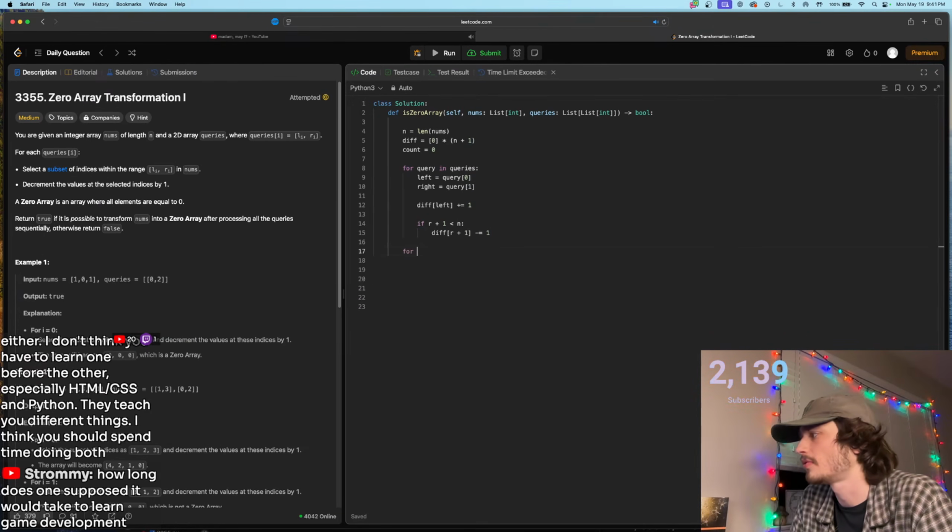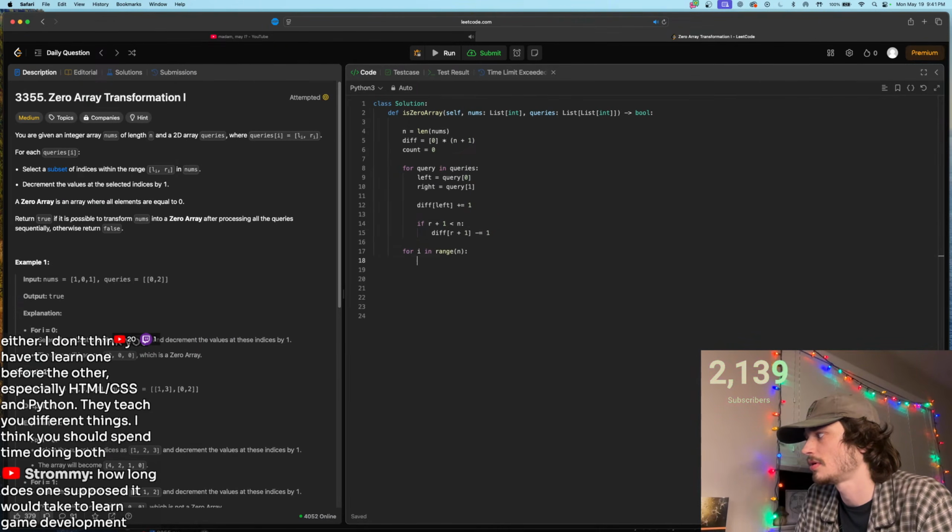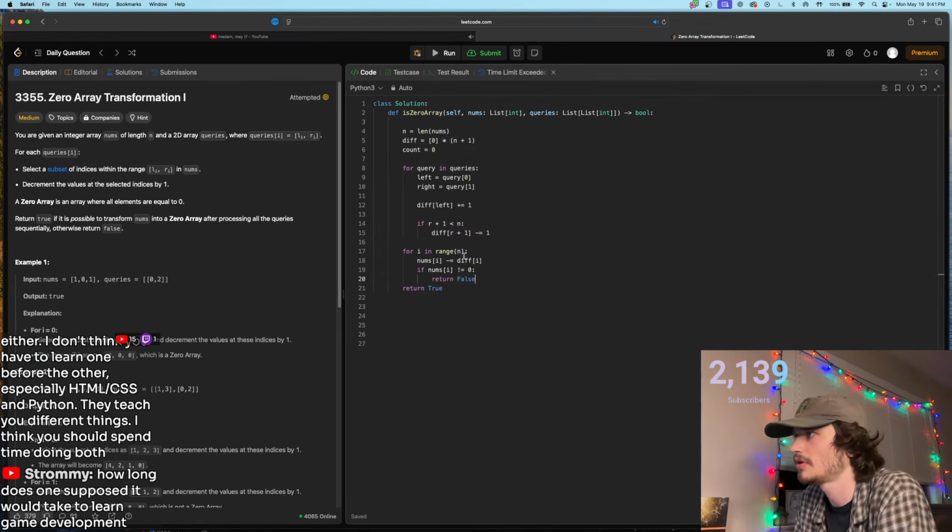Because then you say for I in range of n. Now we can do the subtraction, right? Nums index I minus equals diff index I. If nums index I is not equal to 0, we're going to return false here, return true here at the end of it.